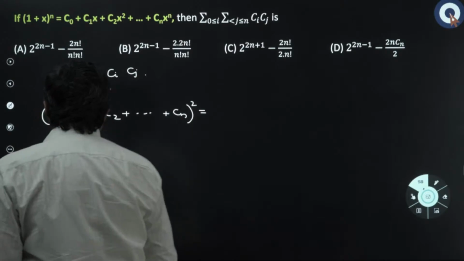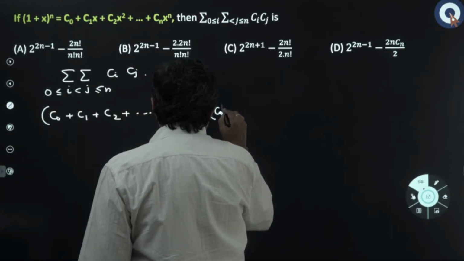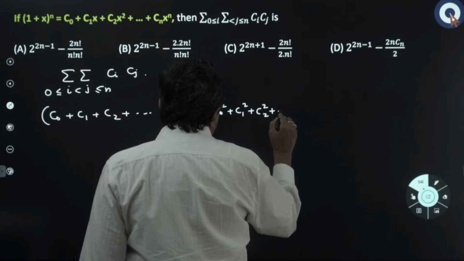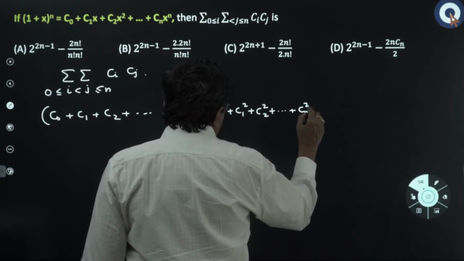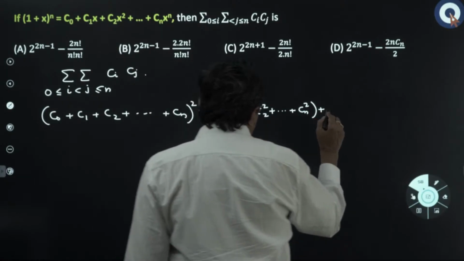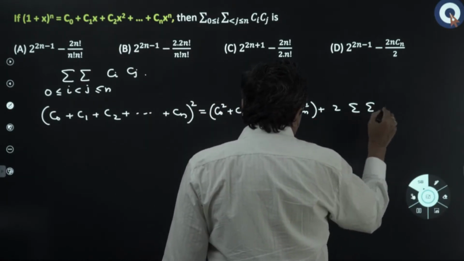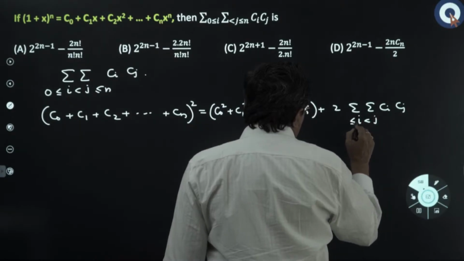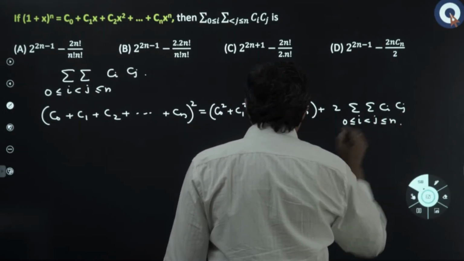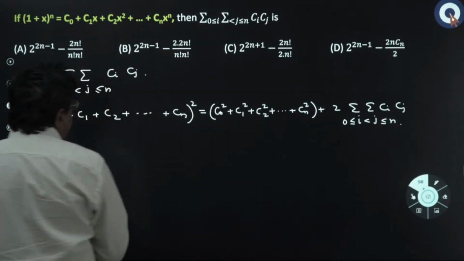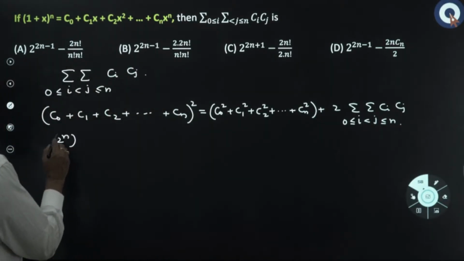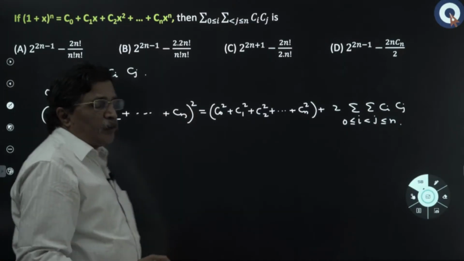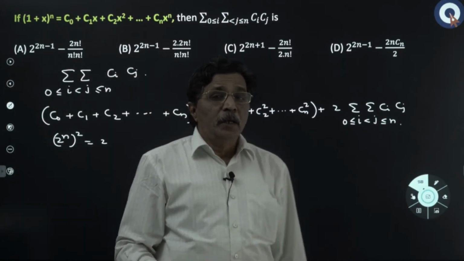This is c0 square plus c1 square plus c2 square plus so on plus cn square, plus 2 into sigma sigma ci cj, i less than j. So this is (2 power n) whole square, which is equal to c0 square plus c1 square plus c2 square etc. plus cn square. It is 2n cn.